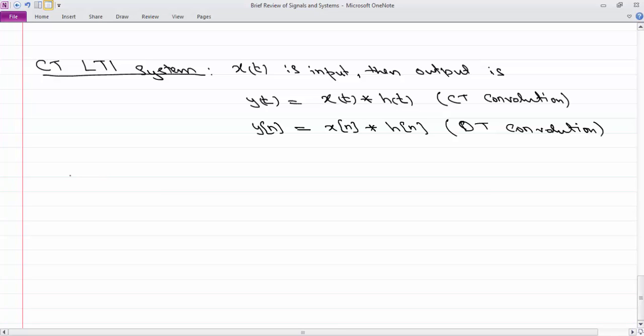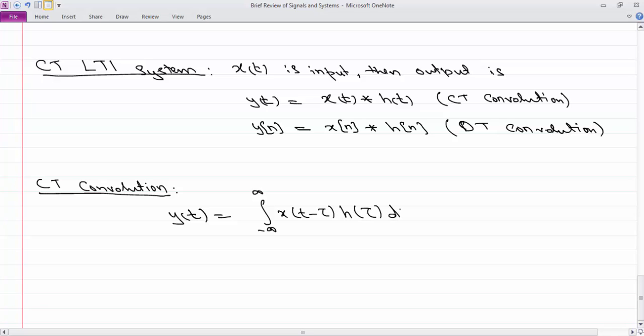Now, of course, you guys did continuous time and discrete time convolution. It's just a reminder: the reason convolution comes up as we talked about it is because convolutions help us specify the outputs of LTI systems. The definition of continuous time convolution is y of t equals the integral from minus infinity to infinity of x of t minus tau, h of tau, d tau.